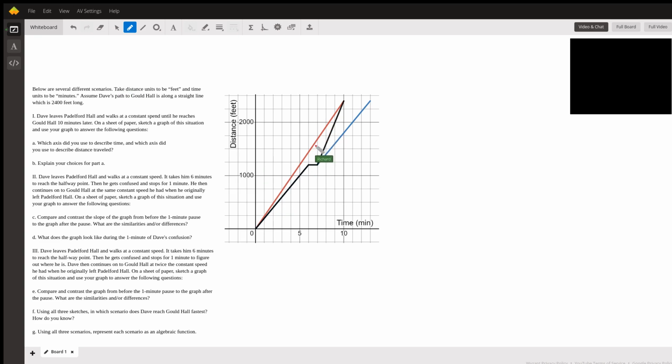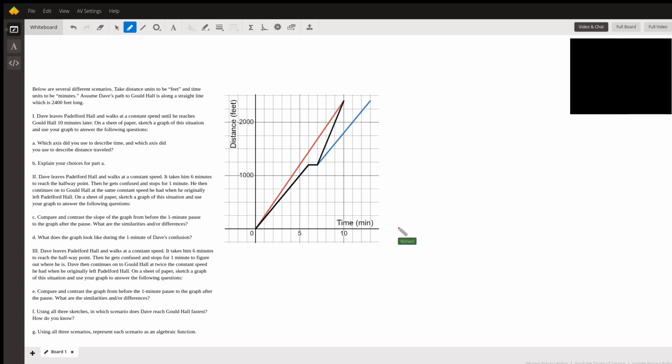Now the distance is 2,400, and he makes that trip at that constant speed over to the hall. He has to travel, I think it says, 10 minutes. So after 10 minutes, he's traveled 2,400 feet, which is the distance.